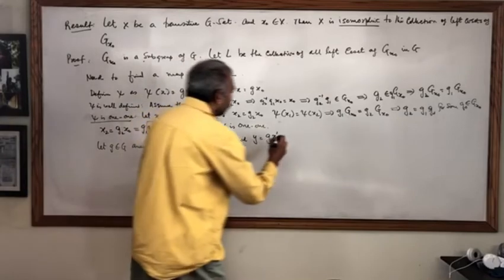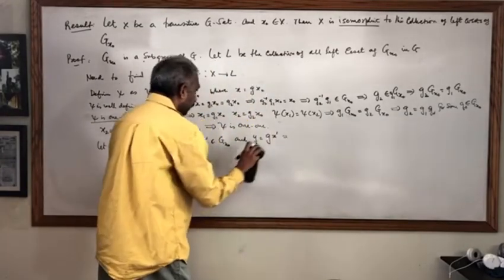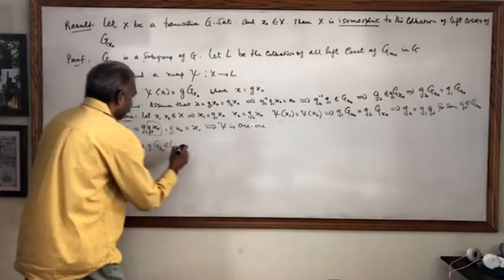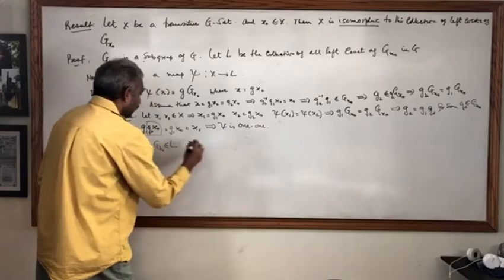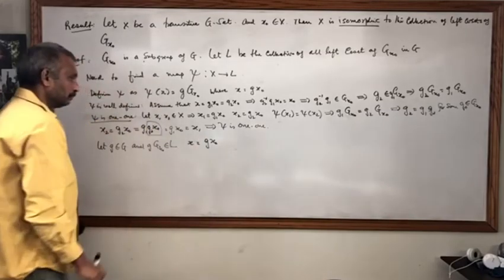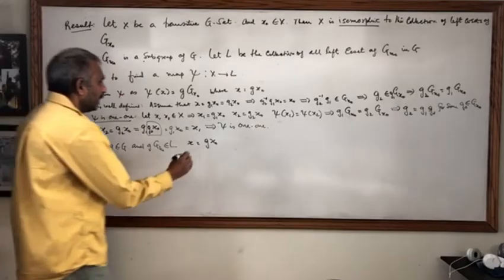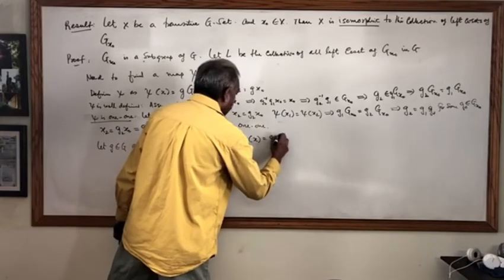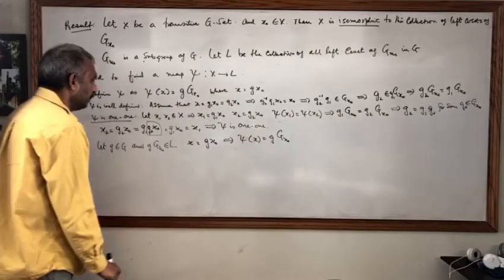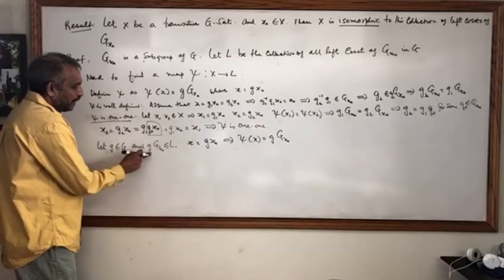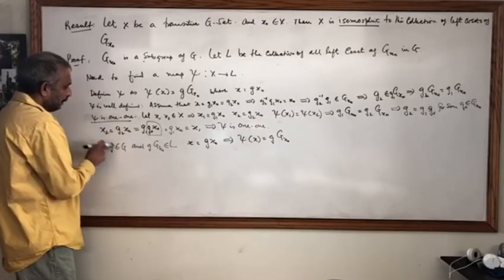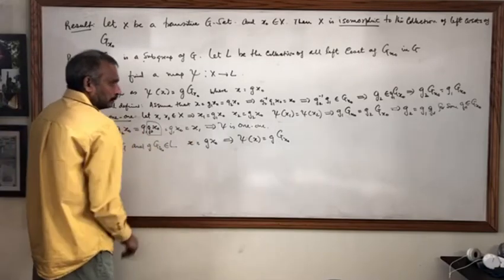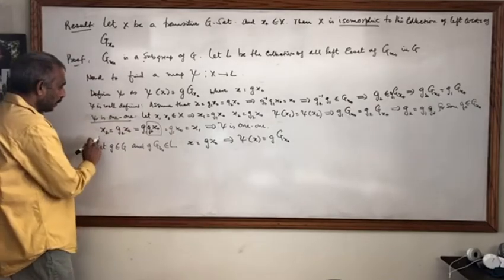You don't need to write it like this. So let x be equal to gx0, and that implies psi of x is equal to gGx0. So we have, for every element in L, there is an element in X that is mapped to it. So it's 1-1 and onto.